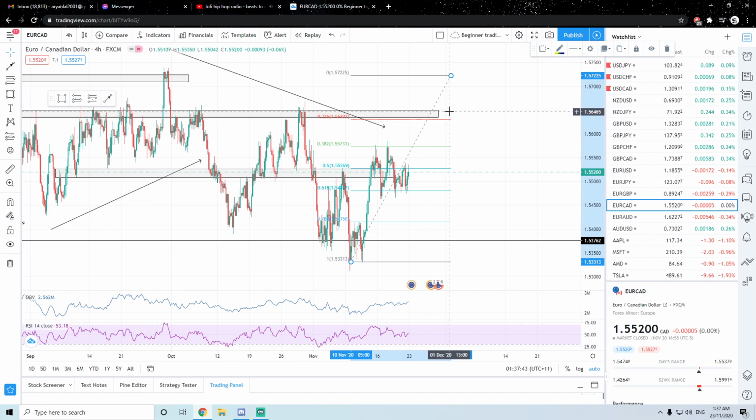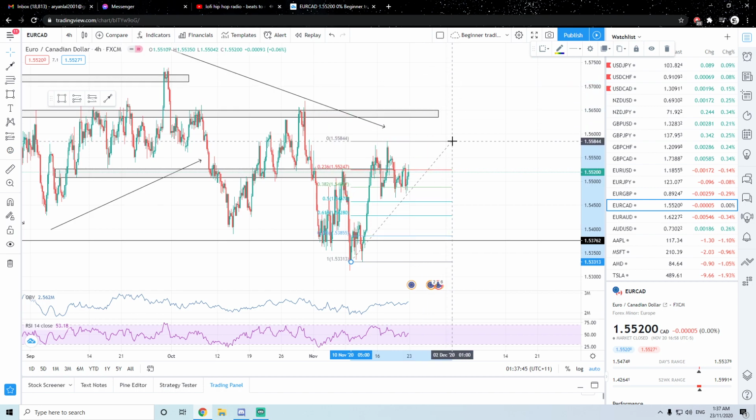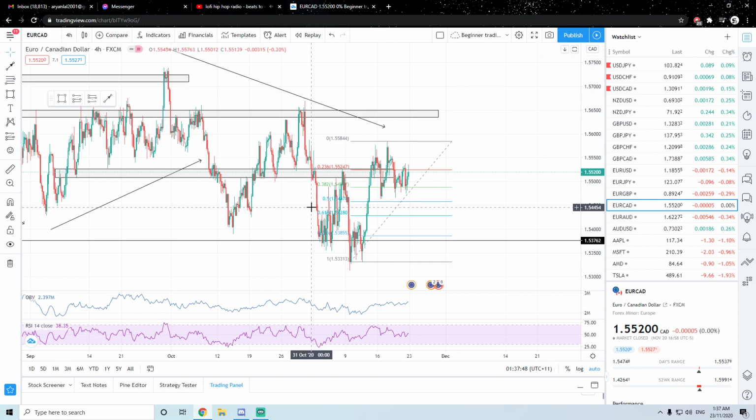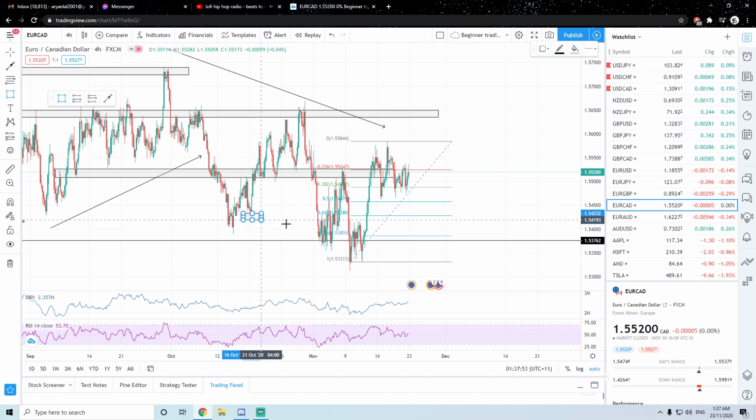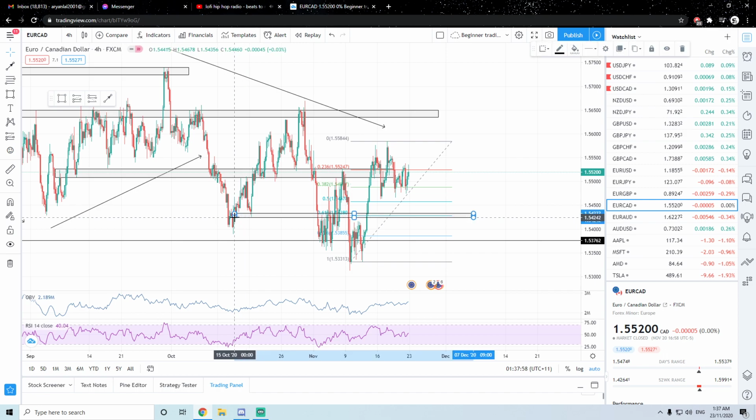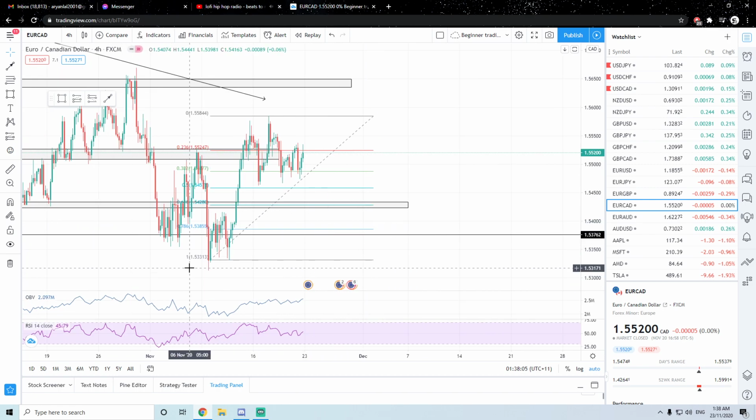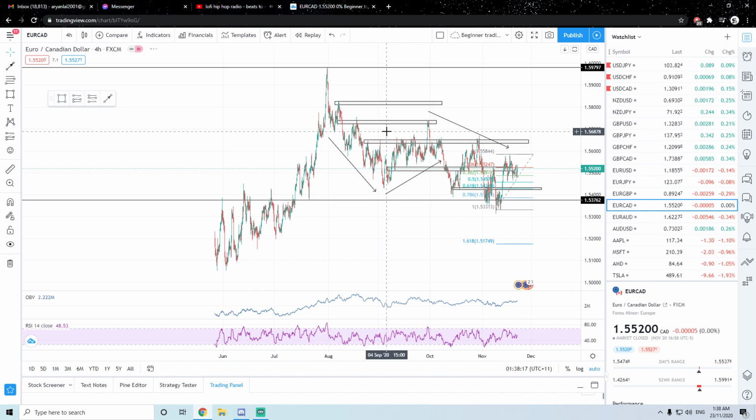But if we were to use, let's say, this area here and then find a key level, we can see there's a bit of a key level right here, a support level here and here, and then here it stays resistance for this part. If we were to use that as a key level, then if this came back down to here, that would have been a nice entry to take towards the upside, which in my opinion I do think this will come back down for that nice entry.